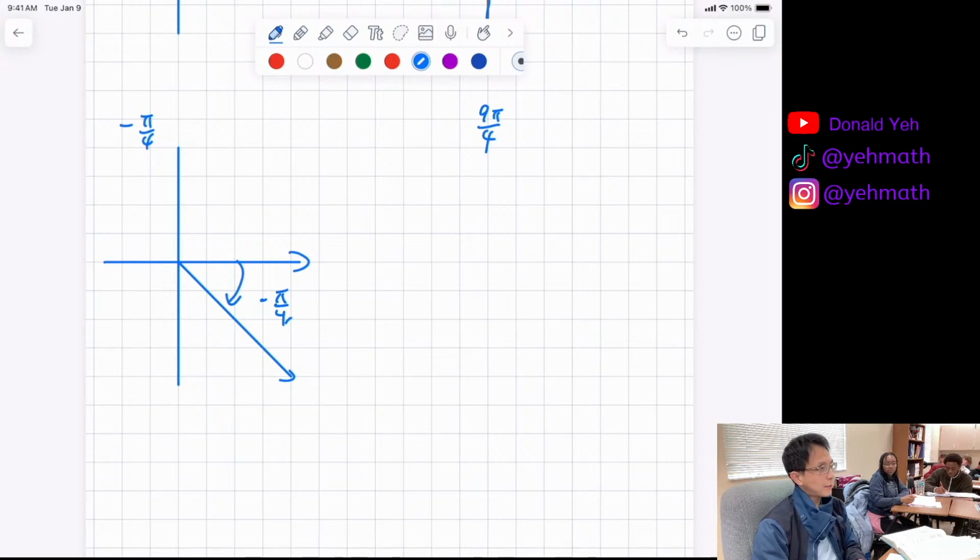How do I draw 9 pi over 4? Can you convert 9 pi over 4 to degrees first and figure out where it's at?